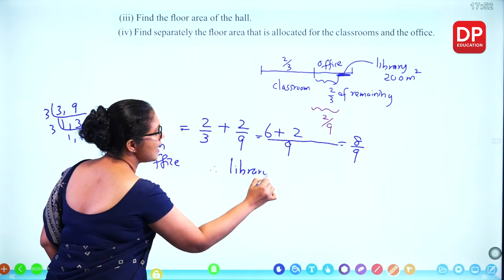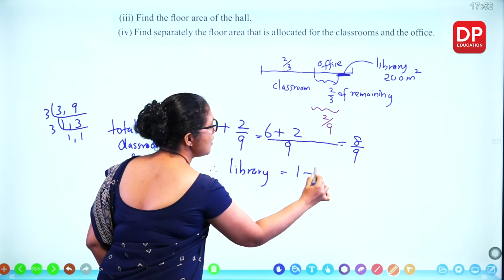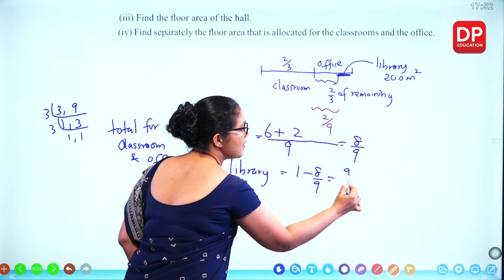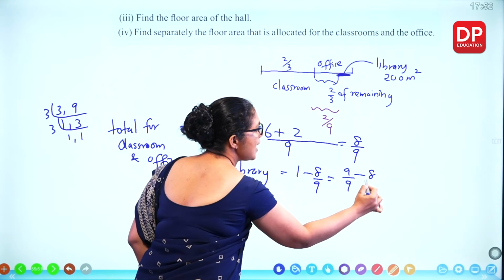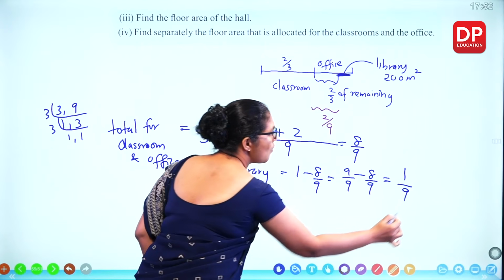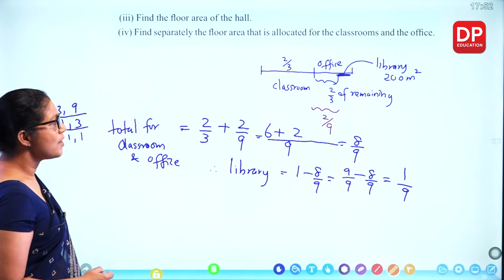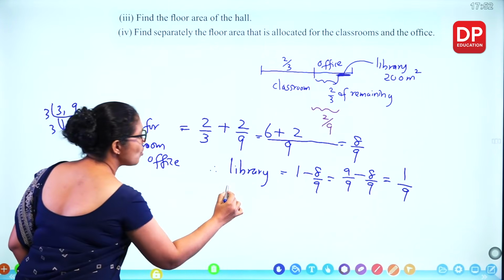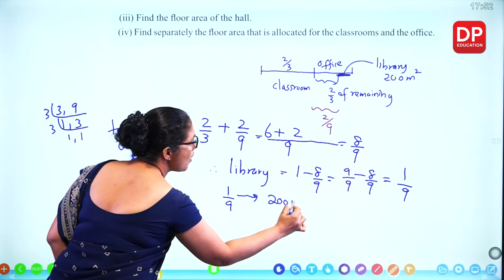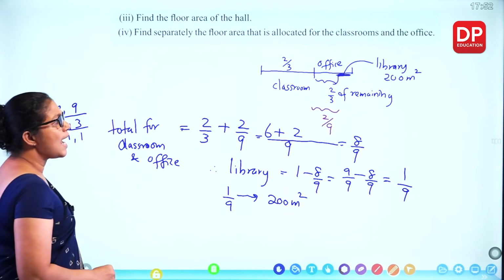So we can say for the library is 1 minus 8/9. That is, you can write as 9/9 minus 8/9. 9 minus 8 is 1. 1 part out of 9. So 1 out of 9 represents 200 square meters. That's for the library.